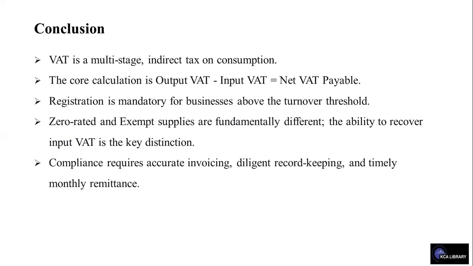In conclusion, VAT is a multi-stage indirect tax on consumption. The core calculation is output VAT minus input VAT, which is equal to the net VAT payable. Registration is mandatory for businesses above the turnover threshold, which is 25 million naira. Zero-rated and exempt supplies are fundamentally different.